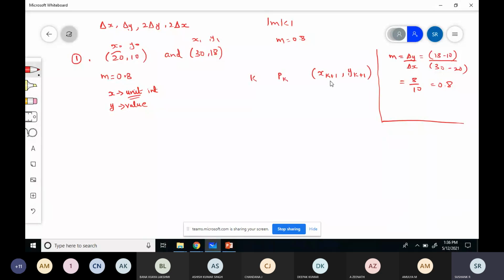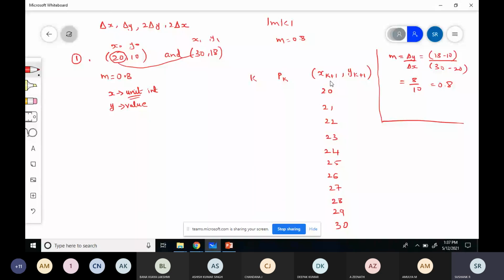If x naught is 20, it will be 20, 21, 22, 23, 24, 25, 26, 27, 28, 29, 30. So from the initial point to the final point, x will move in unit intervals. So you can write it down: x is equal to 20, 21, 22, 23, 24, 25, 26, 27, 28, like that.